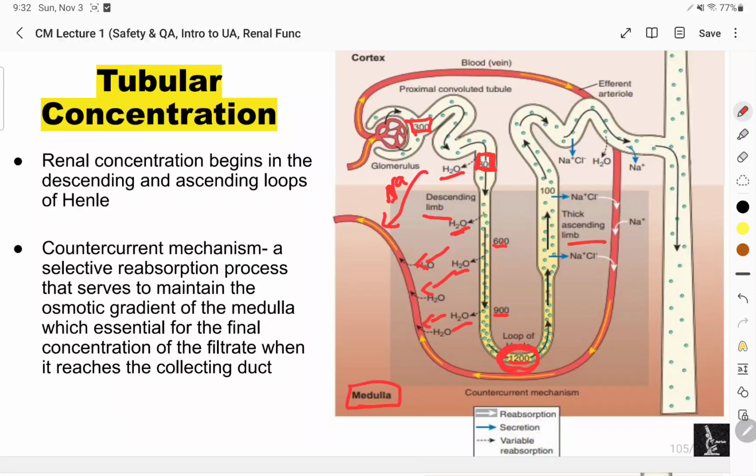Meaning ang medulla nanggawas man ang tubig, and also diri sa imong medulla, lasaw na kay dinhi. And it is very important nga makorek gyud na siya. Okay?